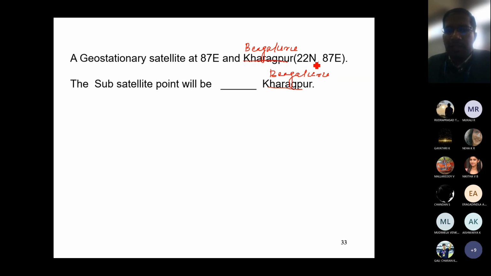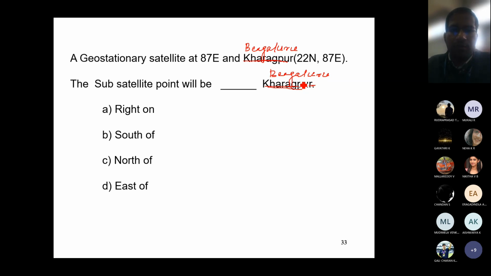The location of Bengaluru is 22° north, 87° east. And the question is, the sub-satellite point will be dash of Bengaluru. Options are right on Bengaluru, south of Bengaluru, north of Bengaluru, and east of Bengaluru.